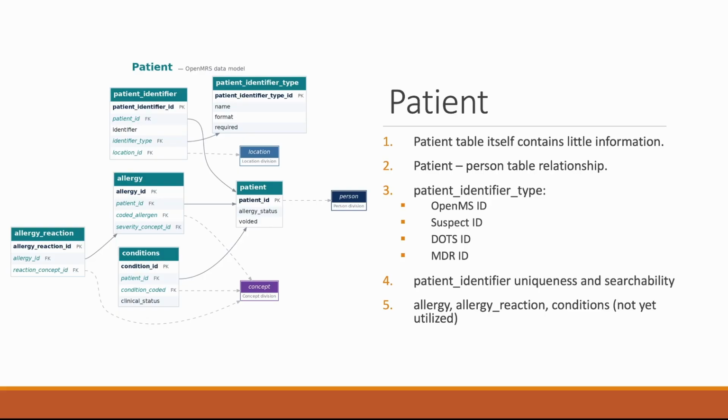And if the patient does consume lactose, what's the reaction on the body? So you may have, say, skin rashes. The allergy is going to be lactose intolerance, and the reaction is going to be skin rashes. That's how we define allergies.